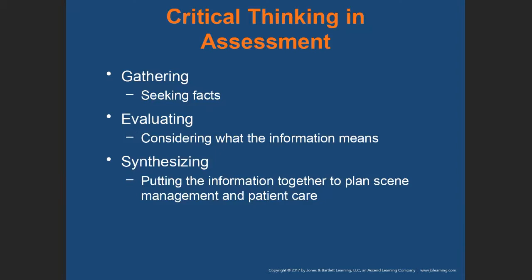You're going to be gathering and seeking facts. You have to evaluate these facts, so consider what the information means to you, and then synthesizing, putting the information together. Based on all the information you have gathered, what is the best approach to manage the situation?